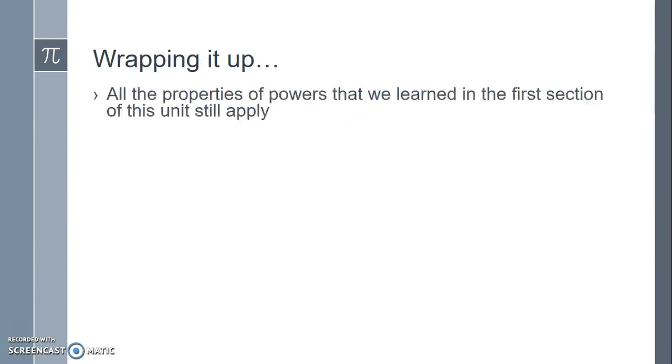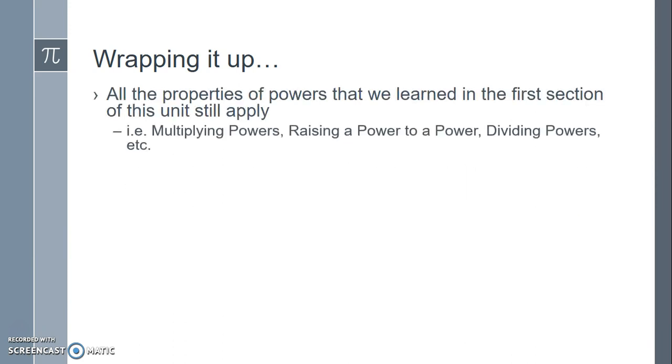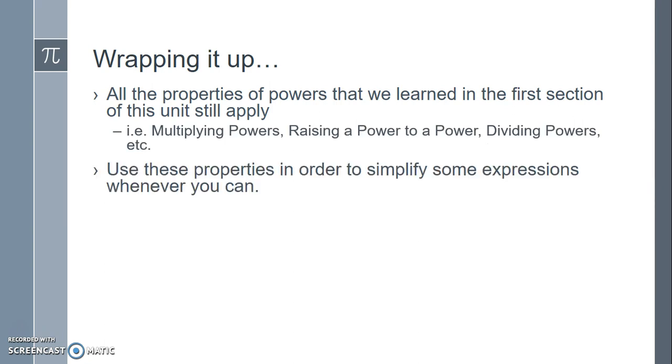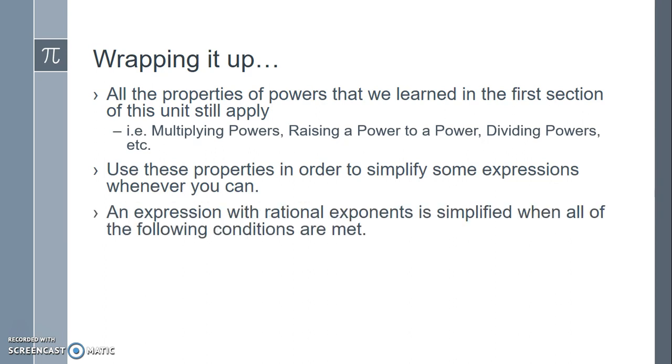Now, wrapping it up. All properties of powers that we learned in the first section of these units still apply. That means multiplying powers, raising a power to a power, dividing powers, etc. We kind of talked about this already. Use these properties in order to simplify expressions whenever you can. An expression with rational exponents is simplified when all the following conditions are met.